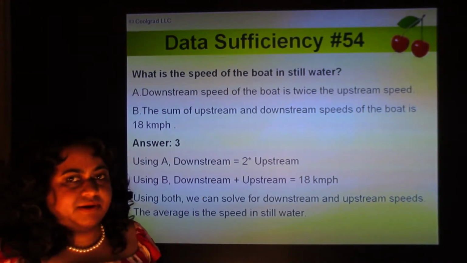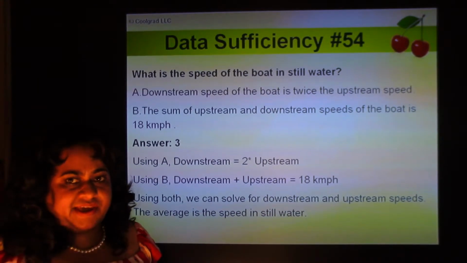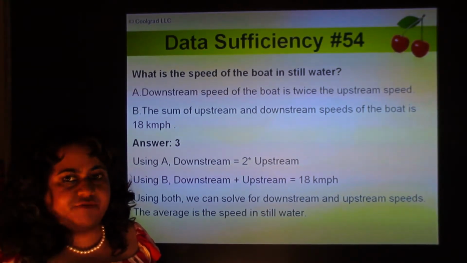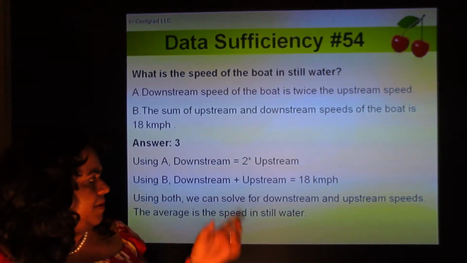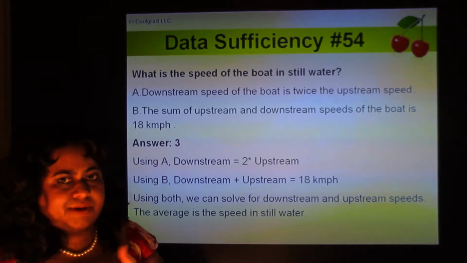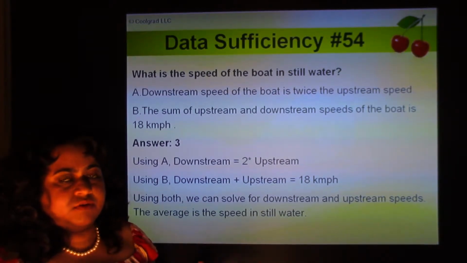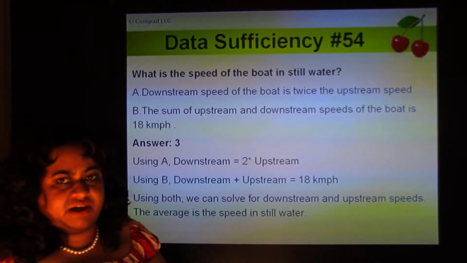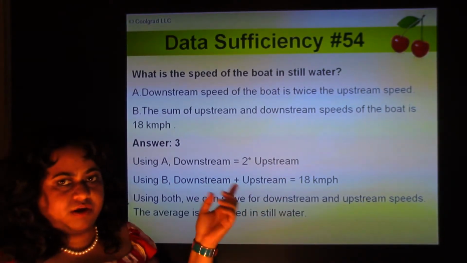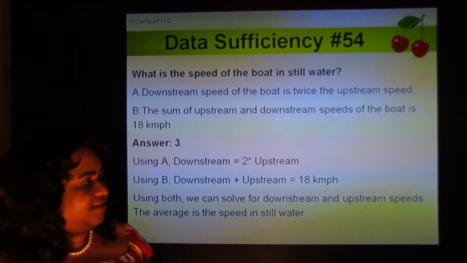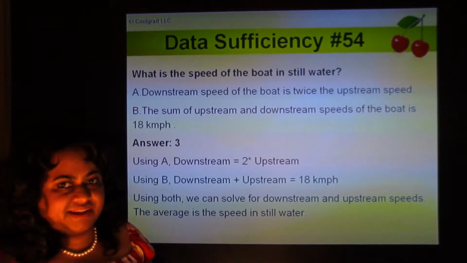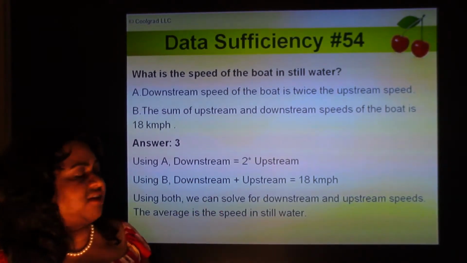Downstream speed is nothing but the speed of the boat x plus the speed of the flowing water r, plus upstream speed, which is the speed of the boat minus the resistance, x minus r. So x plus r plus x minus r, 2x is equal to 18, since plus r minus r cancels, right? So x equals 9. The speed of the boat in still water is 9 km per hour. So using B alone, we can solve it.